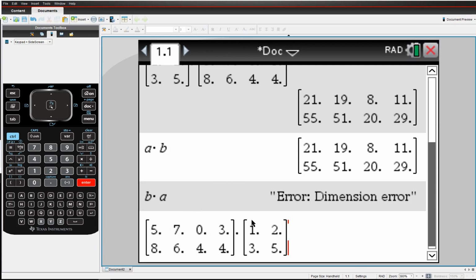The middle numbers don't match anymore, because there are 4 columns here, and if you want to multiply that with the numbers here, there's not enough numbers in this row. There's only 2 numbers here. So the columns of the first matrix must match the number of rows in the second matrix in order to multiply them together.